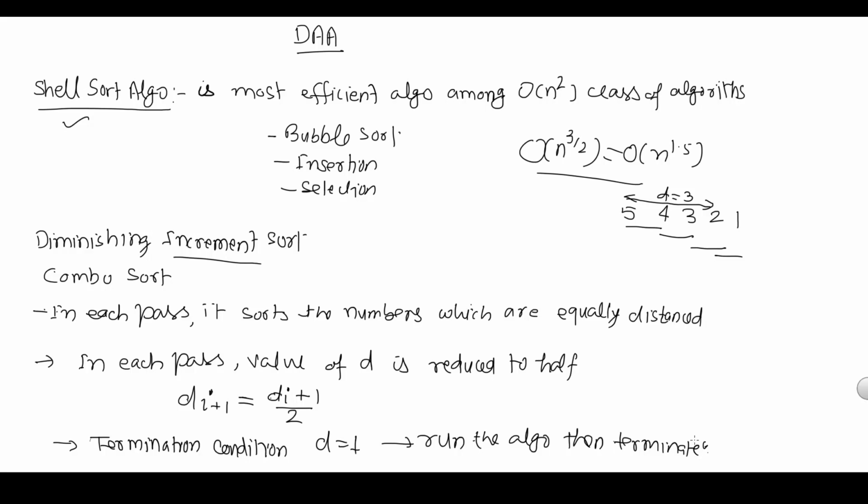Now let us understand this whole procedure with the help of an example. So let us take values 15, 9, 2, 20, 5, 35 and 45.